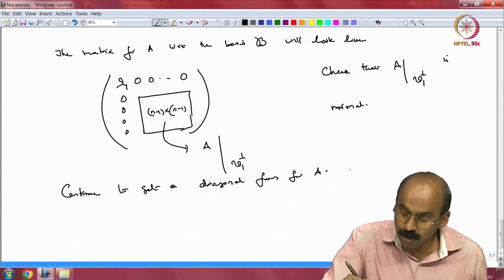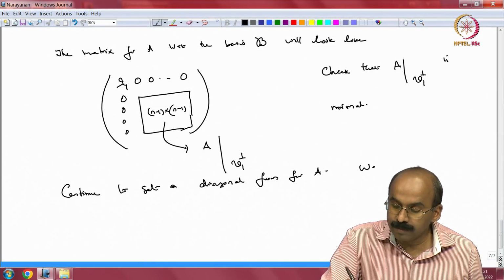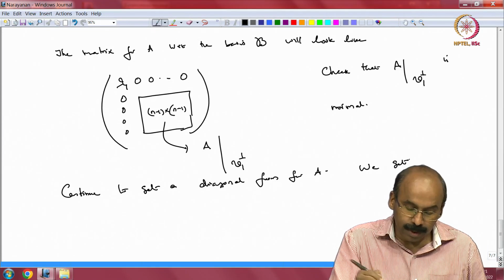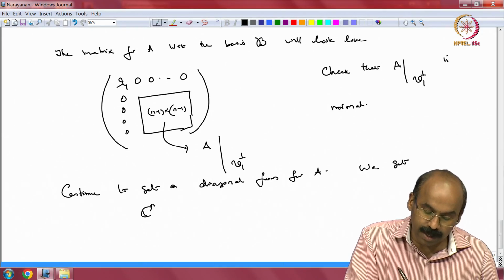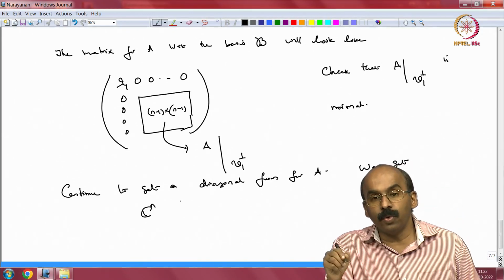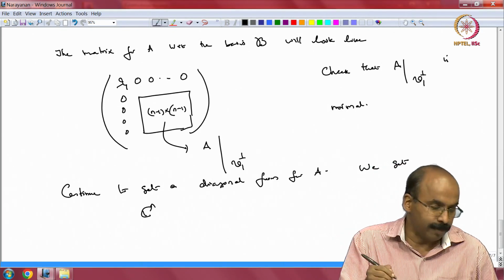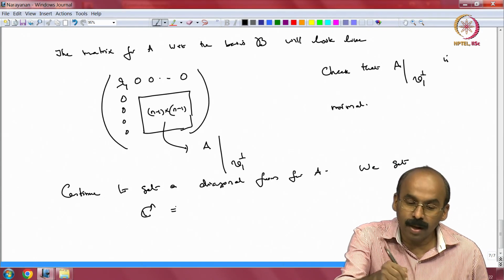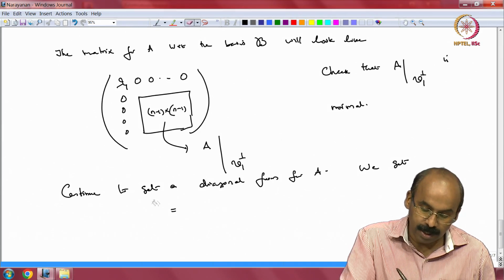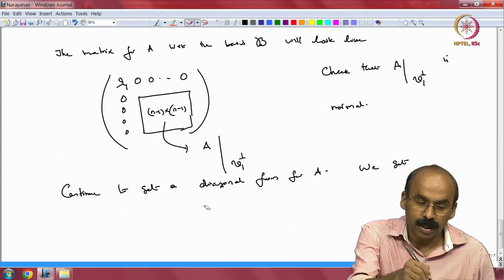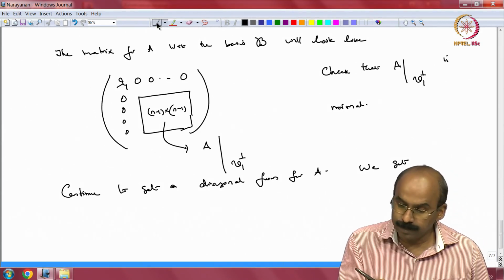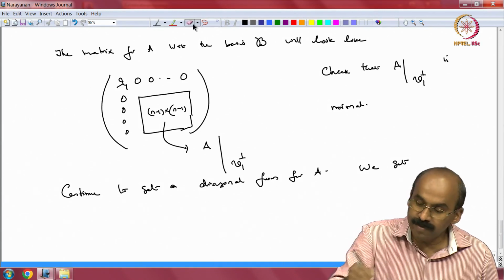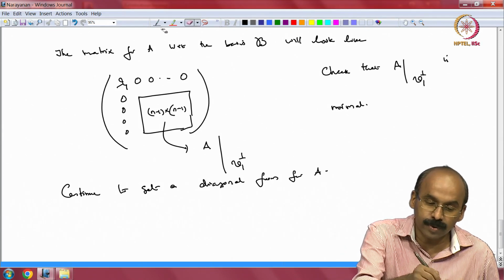So, what did we do? We get two things. One is the whole space C n gets decomposed into eigenspaces of A. Okay. So, let me give some notation for all this, because that is something we will use in the infinite dimensional settings also.